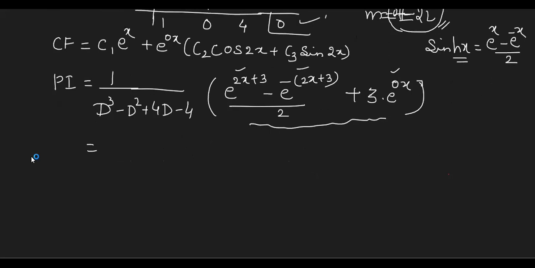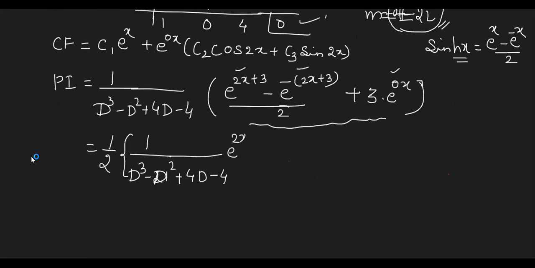For the first 2 terms, I'll take 1 by 2 common. I'll write 1 by 2, then 1 upon d cube minus d square plus 4d minus 4, and what do I write here? E raised to 2x plus 3. Am I right? First term. For the second term, plus or minus?